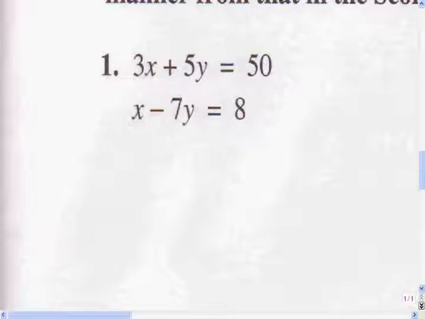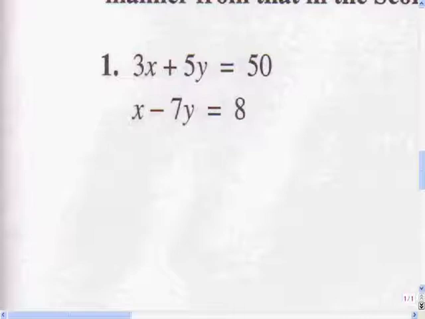So they've already taught you how to solve simultaneous equations using substitution, and using the addition method. Now they're going to let you decide which method to use.